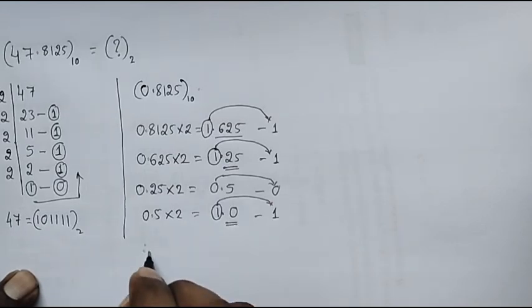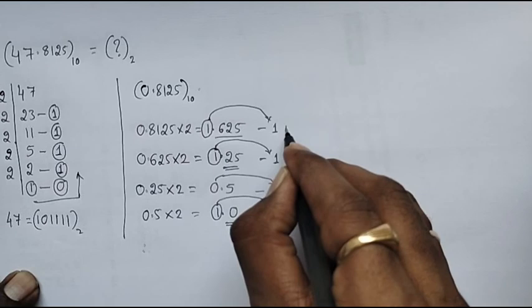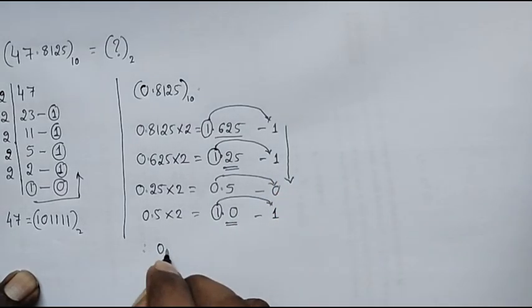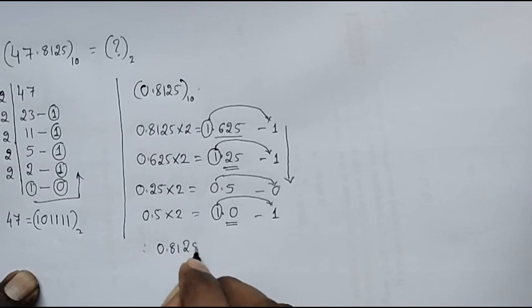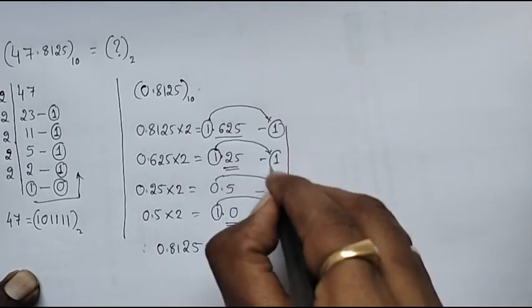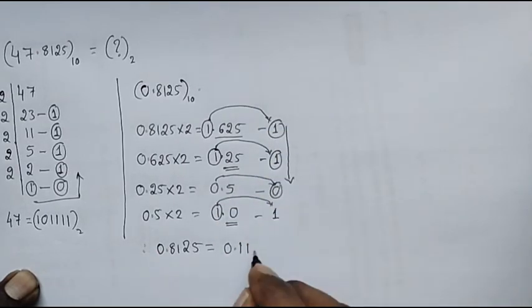Therefore, now these values are represented from top to bottom order. That is, 0.8125 is equal to 0.1101.